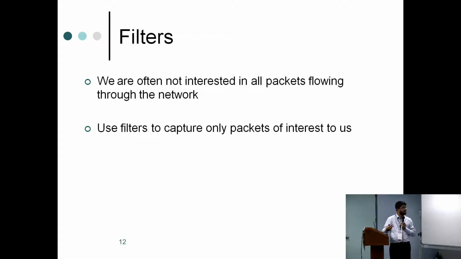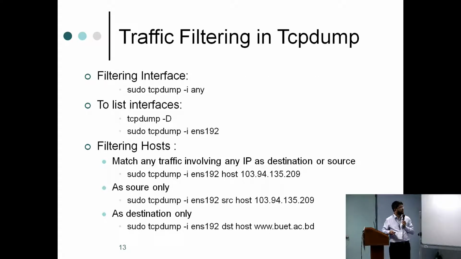This allows us to put in the filters we want, so we capture less data. As you know, a huge amount of traffic goes through the network, but using a filter you can minimize your data set so that you can identify problems. It allows us to capture only the packets that are of interest to us.